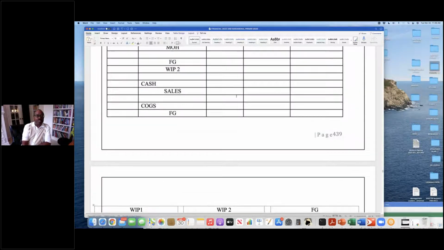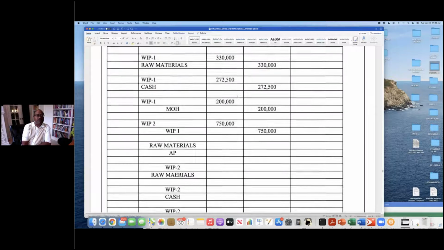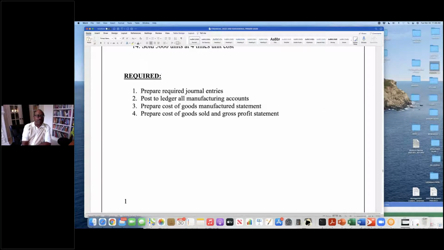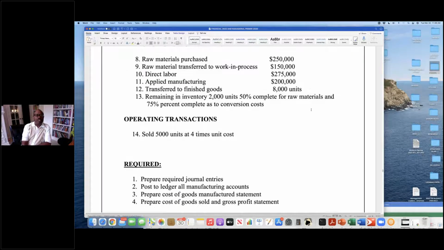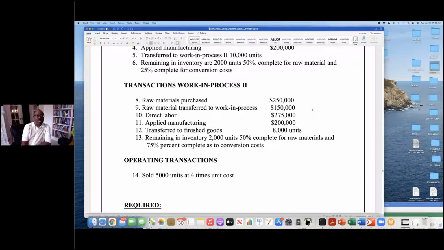Okay, teammates, you all had process stage 2. Let's see if you can do it. In this stage, we're getting ready to transfer the finished goods.